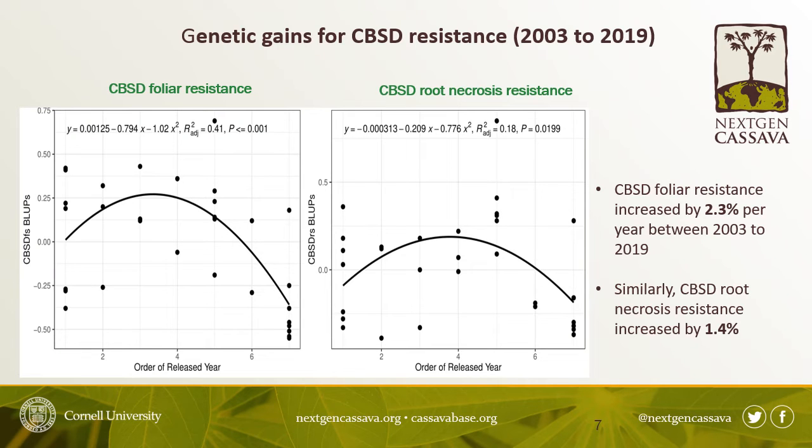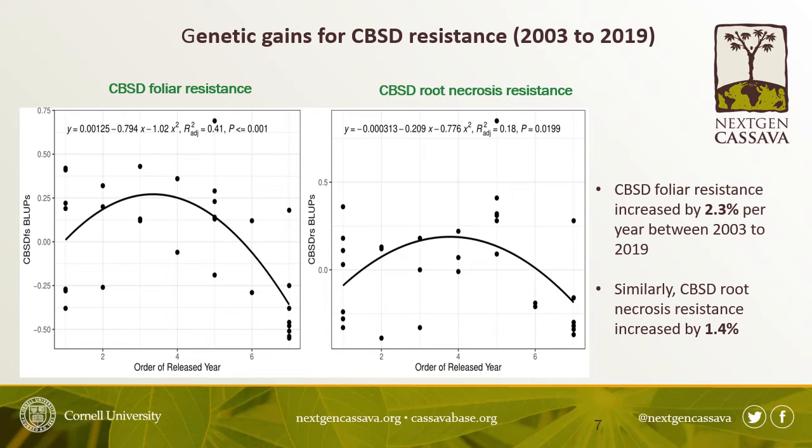For the brown streak, you see the following: on foliar there was almost a 2.3% increase for brown streak resistance when you look at data from 2003 to 2019. We only computed clones we used for this comparison, stretching the period between 2003 and 2019.